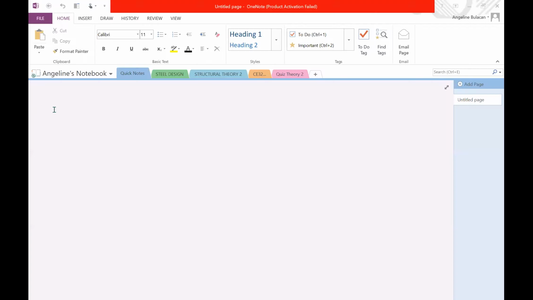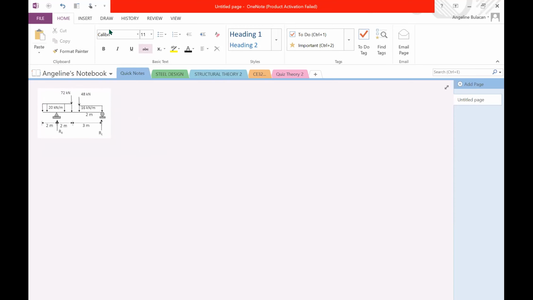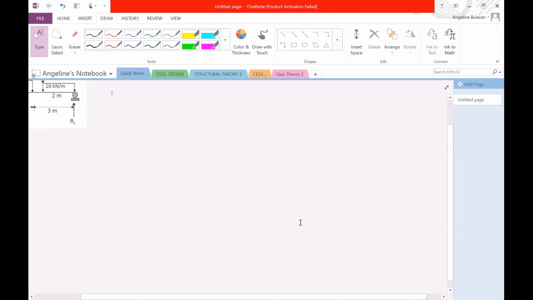Ay, mali. Yan. Drawing natin dito na para mas madali. Unahin natin yung shear diagram.